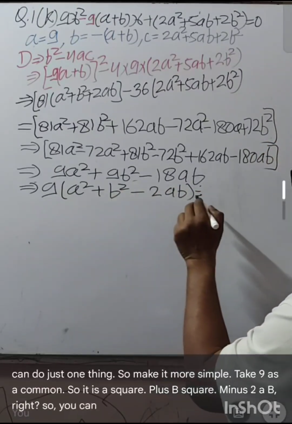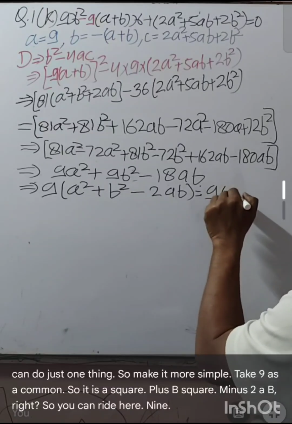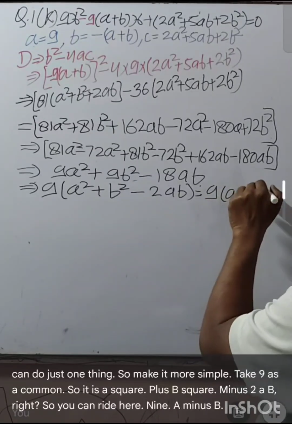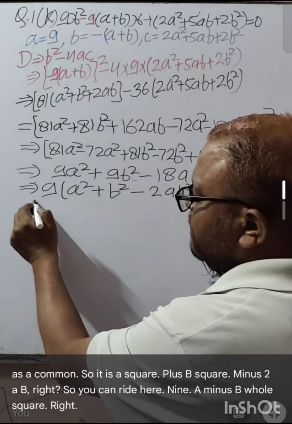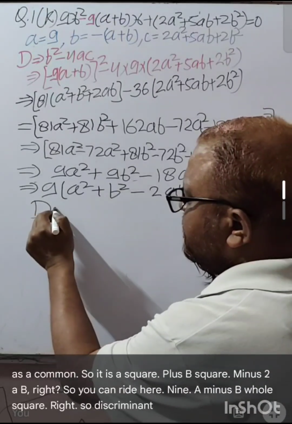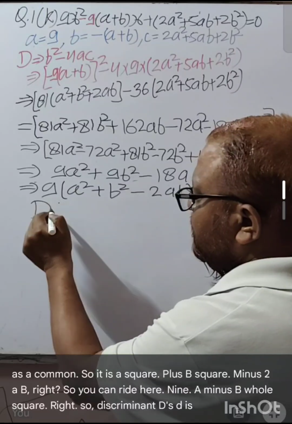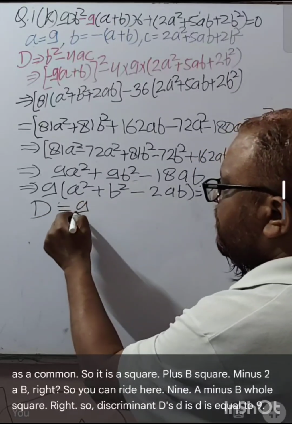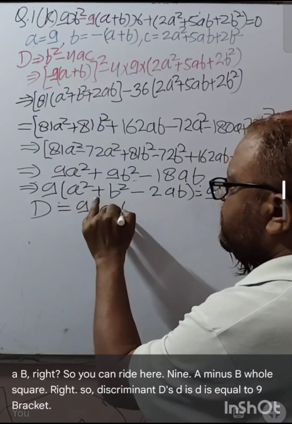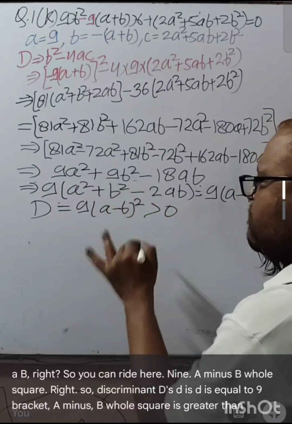So you can write here 9 (a minus b) whole square, right? So discriminant d is equal to 9 (a minus b) whole square is greater than or equal to 0.